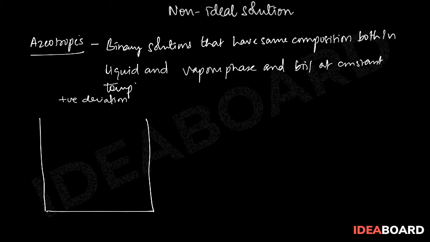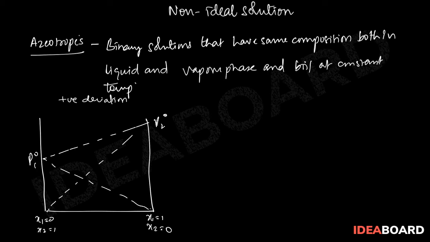In the graph, you have x1 equal to 0 here, x2 equal to 1, and x1 equal to 1 here, x2 equal to 0. Suppose this is p1 naught and p2 naught. In this way the graph for an ideal solution would be like this.